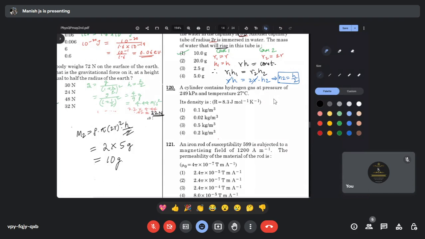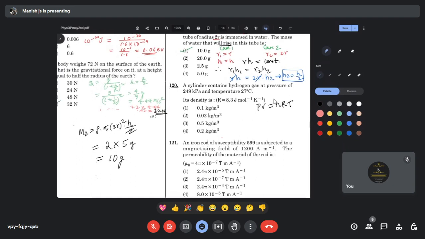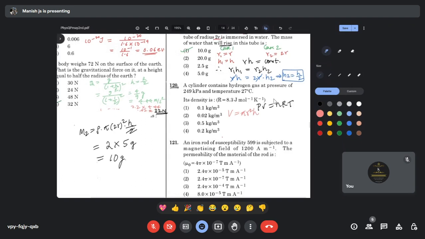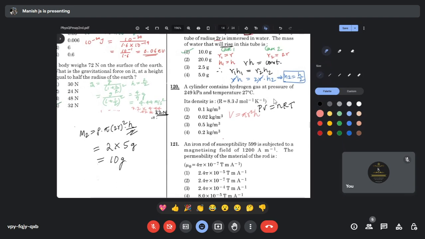Ideal gas equation. So what is the ideal gas equation? PV is equal to nRT. Yes, nRT, good. Now volume is pi r square h for the cylinder, and n is the number of moles.